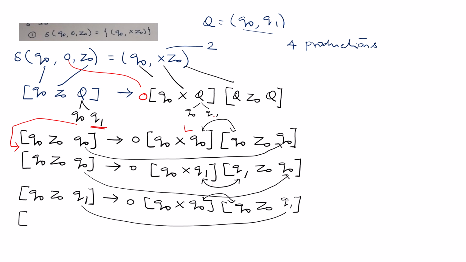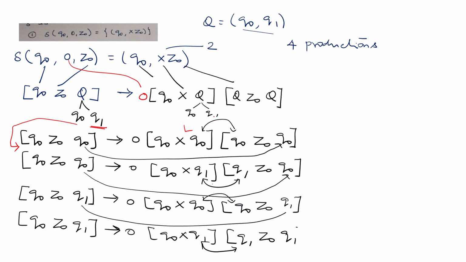The same way Q0, Z0, Q1 goes with 0, Q0, X, Q1, then Q1 because the same, Z0, Q. So these are the 4 possible productions. 4 productions we are obtaining from this symbol group.